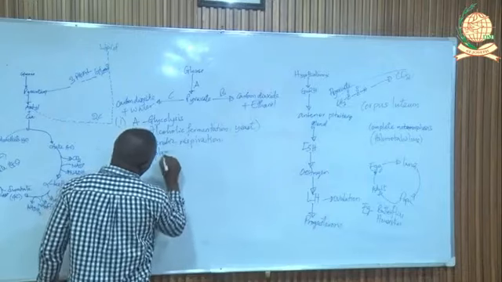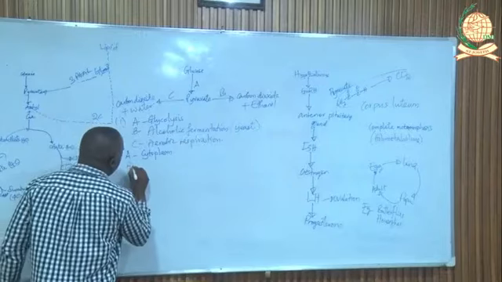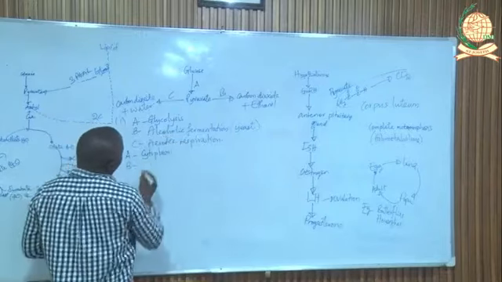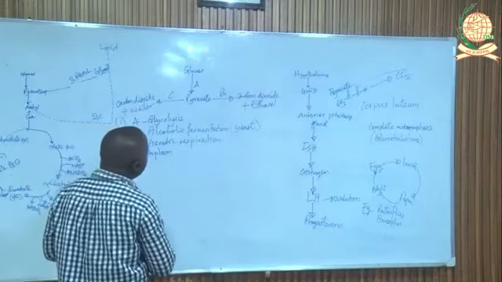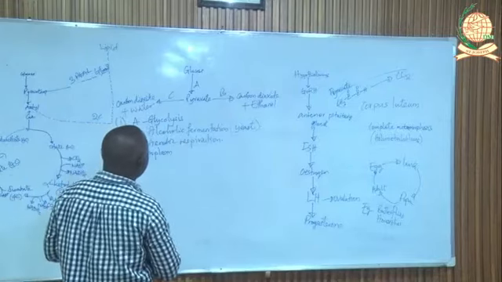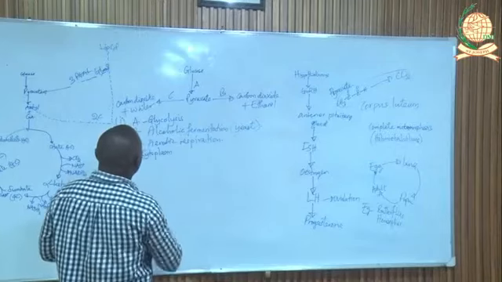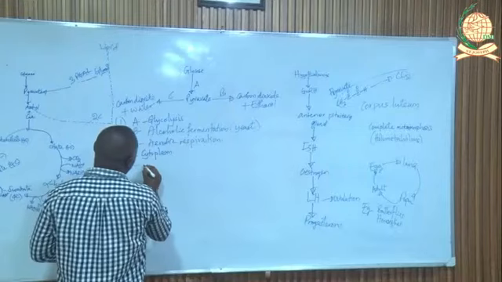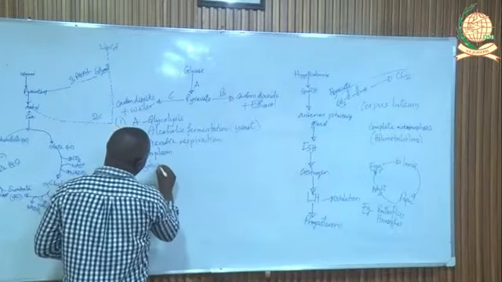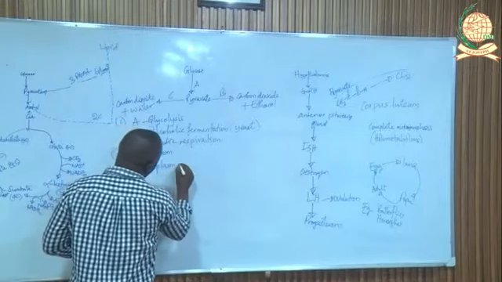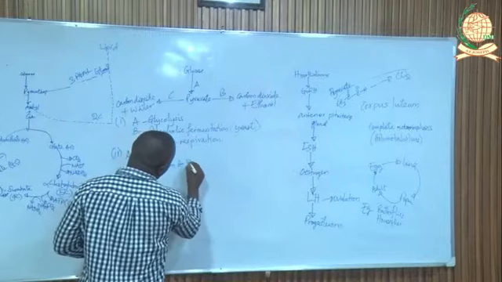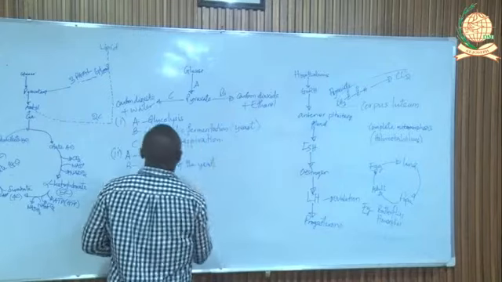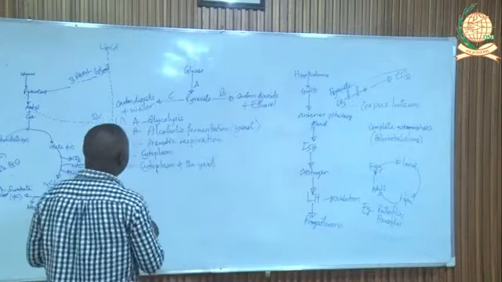B is alcoholic fermentation, and it occurs in the cytoplasm of the yeast cell.